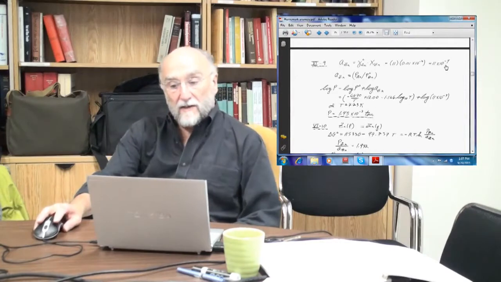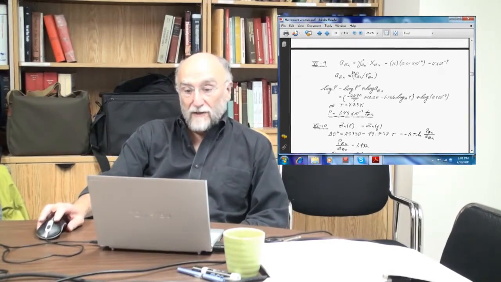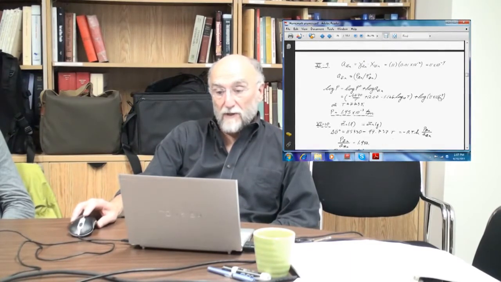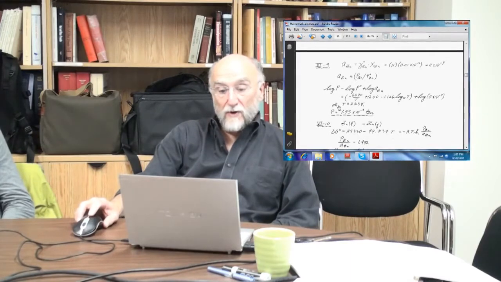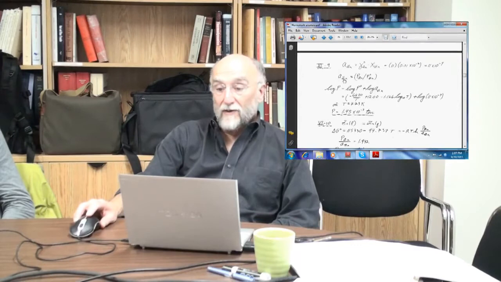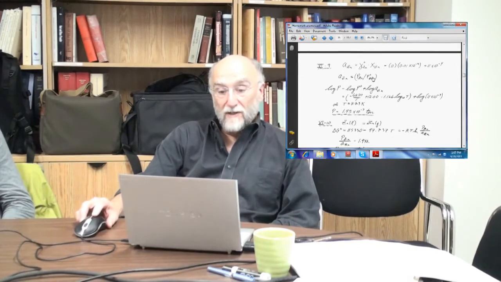The activity of zinc is the partial pressure over the solution divided by the equilibrium partial pressure. Okay, so I can take the logarithm of both sides. The log of the vapor pressure of the pure material is that, and you want the activity to be equal to that. So what is the pressure you need to reach when you have an activity of 11 times 10 to the minus 4?